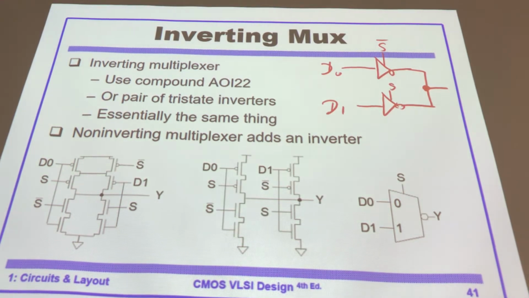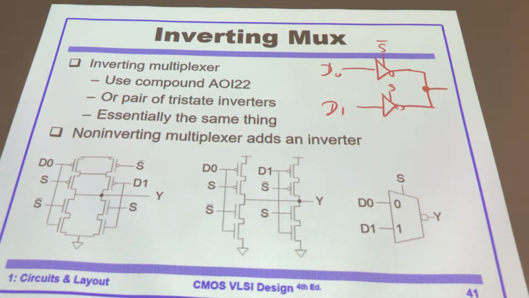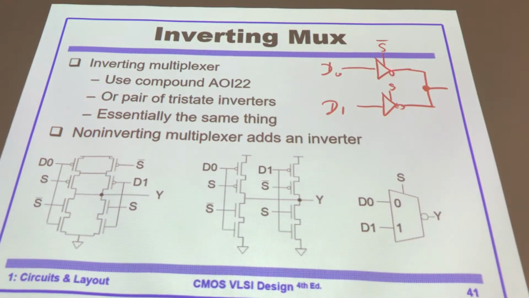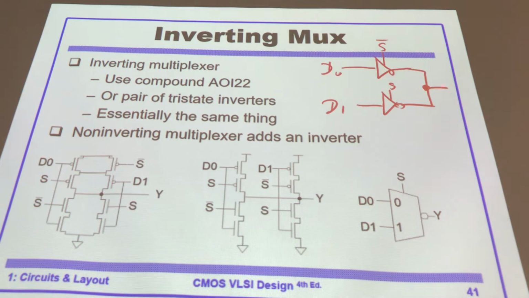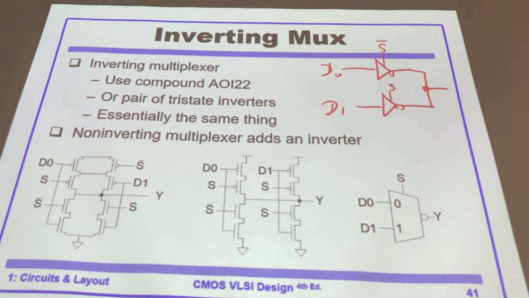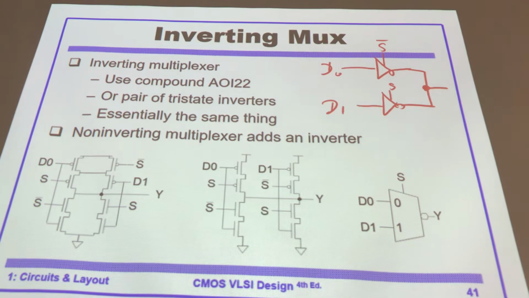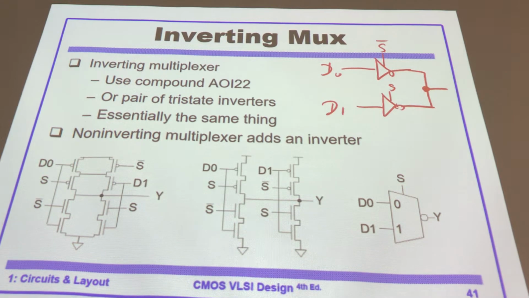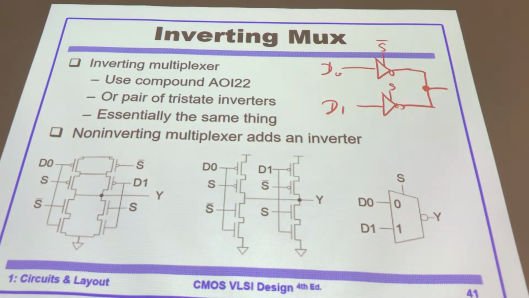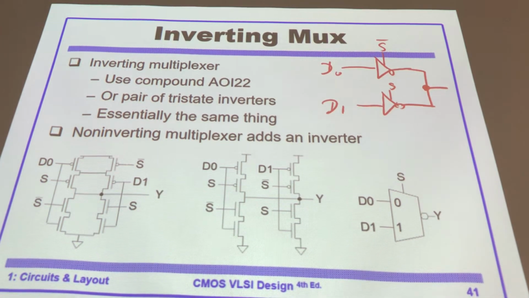D0 input and D1 input each go through a tri-state switch. S bar controls the enable of one, and S controls the enable of the other. So when S is 0, D0 goes through. When S is 1, D1 goes through, and the other is disabled. That's exactly a two-input multiplexer, but the output is inverted. That's how we implement the inverting multiplexer.